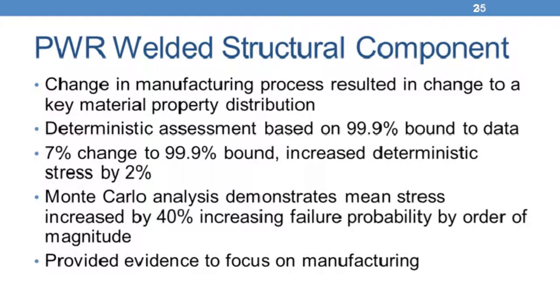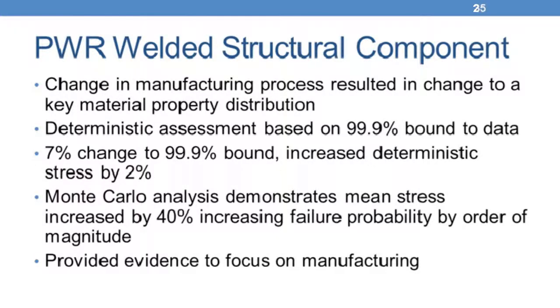This example that I'm showing here considers a welded structural component where a manufacturing process change resulted in a change to a key material distribution. Now, the traditional deterministic assessment used a 99.9% bound to the material data, and the effect of this change on the 99.9% bound was small, leading to a small change in the deterministic stress calculation when you're doing the traditional deterministic analysis.